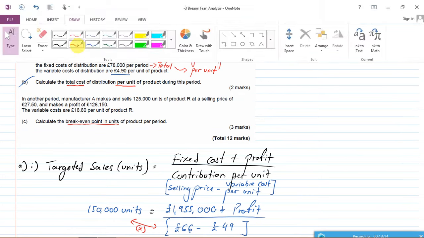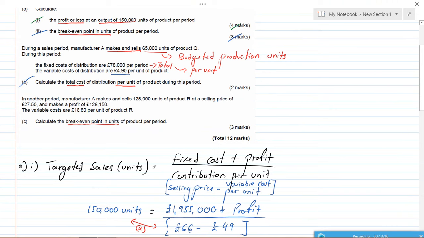In another period, manufacturer A makes and sell 125,000 units. So they gave you what? Make and sell. So that's going to be your budgeted production units. Now, of product are at a selling price of 27.5.